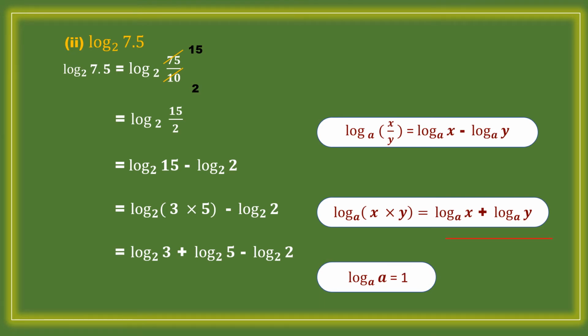So I gave log 3 base 2 here, and whenever it is multiplication we give plus in between and give the logarithm for both of them, plus log 5 base 2 minus log 2 base 2. Here you can give 1. Or else if you want to do three things at a time, you can do like this.